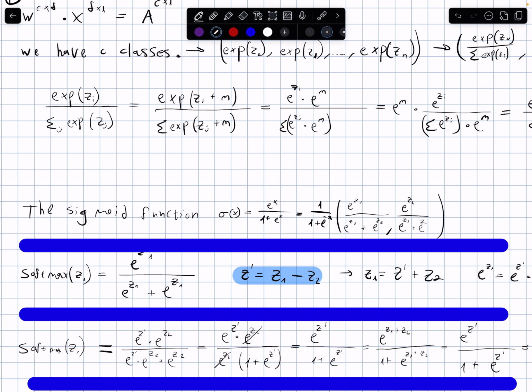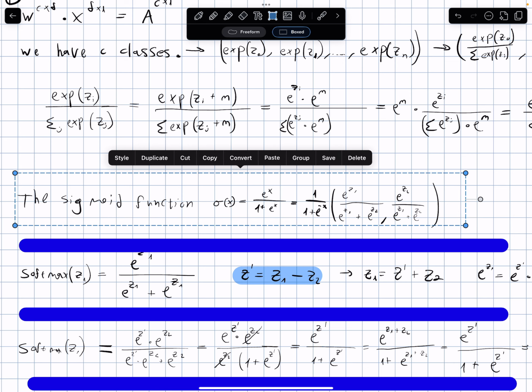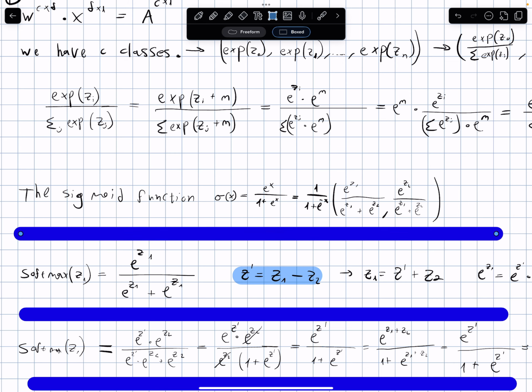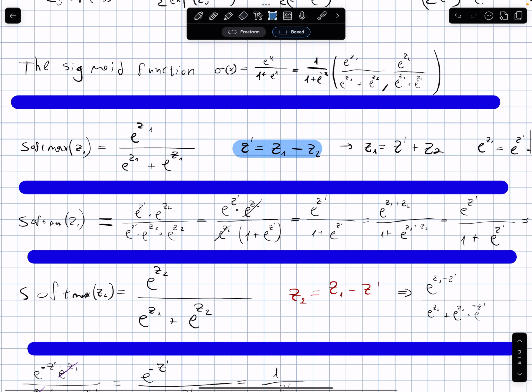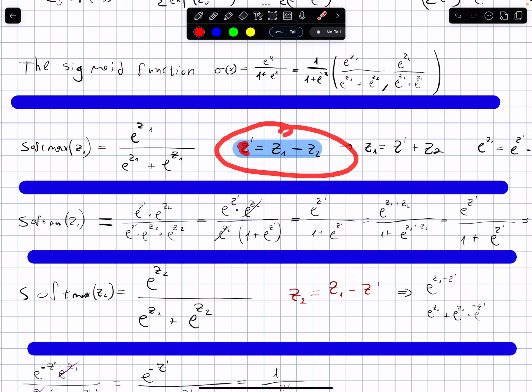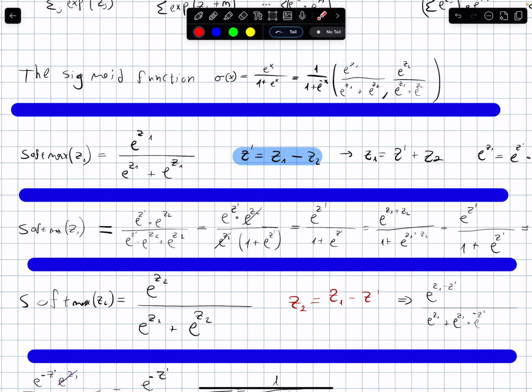So what we are going to do, one second, I will push it just a little bit. What we want to do is first define this variable z tag, which will be z1 minus z2. So I write both z1 and z2 in terms of z tag.